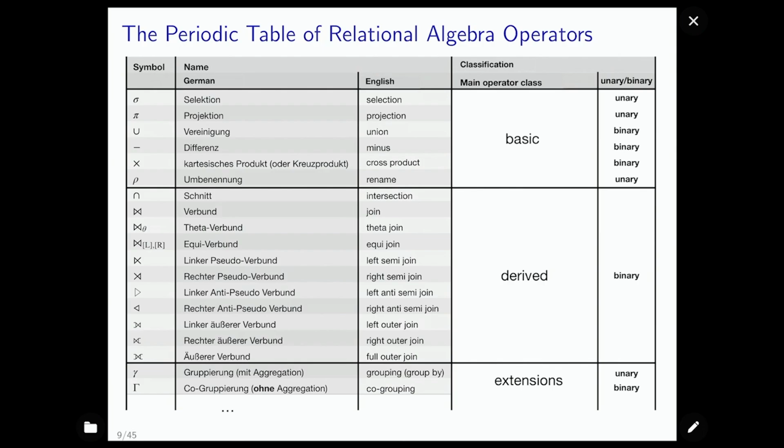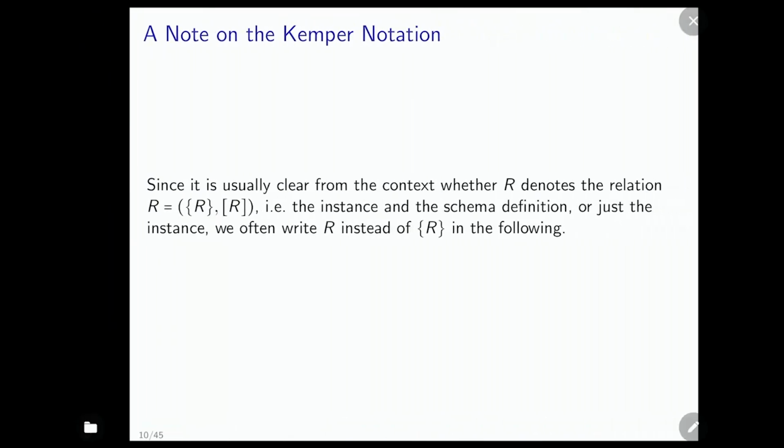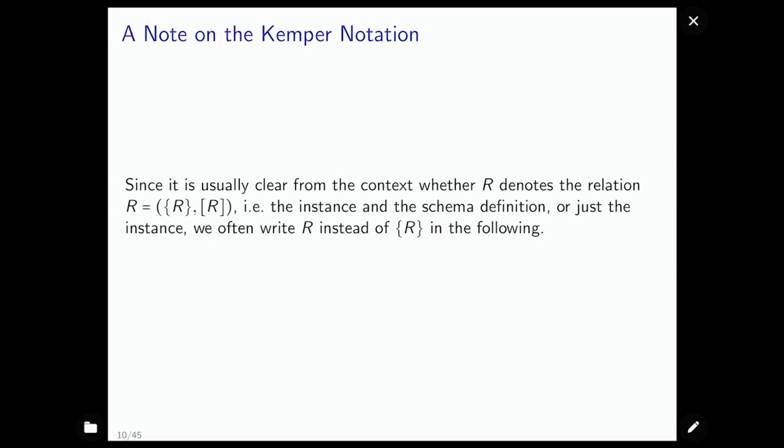Okay, so that's a periodic table of relational algebra operators. Let's look at some of those operators. A note on the notation used in this German database book by Alfons Kemper. Just to avoid confusion, since it's usually clear from the context whether R denotes the relation, including the instance and the schema definition, or just the instance, I will often write just R instead of the curly bracket R in the following.